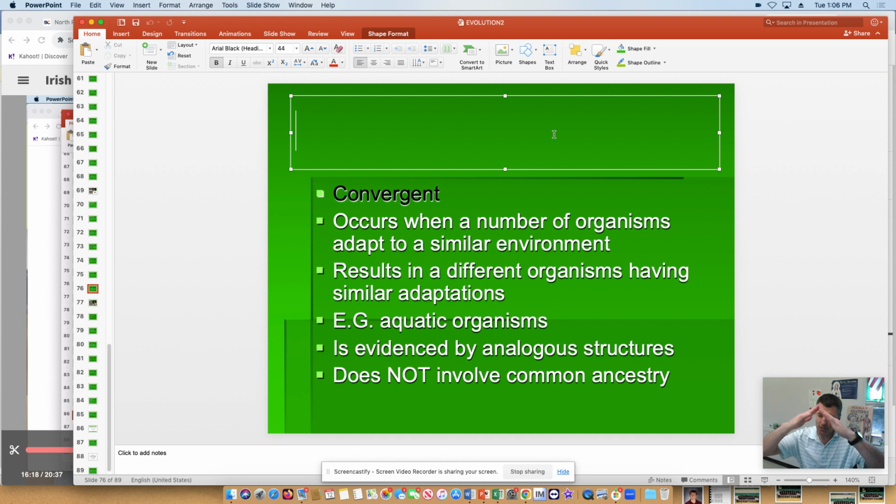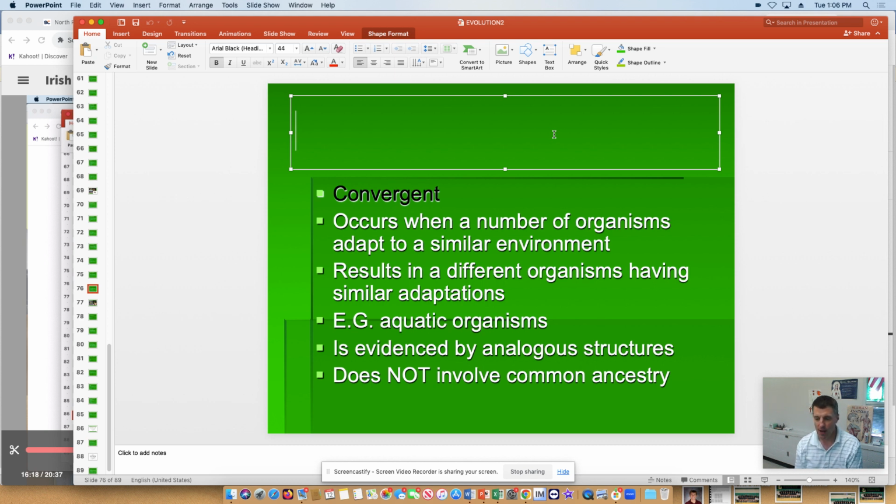So in that case, it's doing this. Okay, divergent, we took common ancestry and it branched into these different organisms and species. Here we have two very different species and it's moving the other way because of the environment. It's causing them to have characteristics that end up being similar, like a bird's wing and a bat's wing.